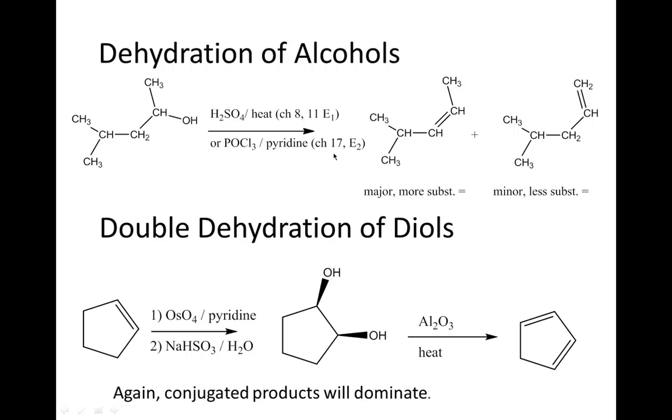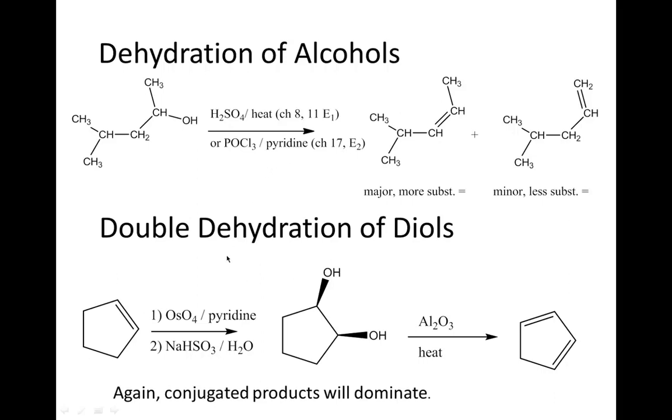And if you go into chapter 17 and look at this phosphorus oxychloride, POCl3, that one actually goes by E2, but again, there's bond rotations here, so either one of these can form the anti-periplanar geometry, so it's still going to follow Zaitsev's rule, and you'd have the same product distribution even if you use that.